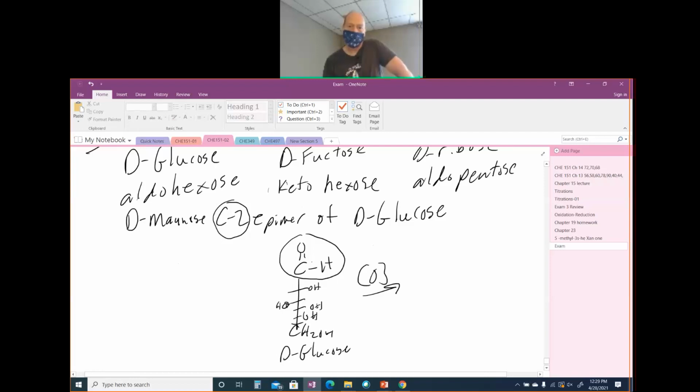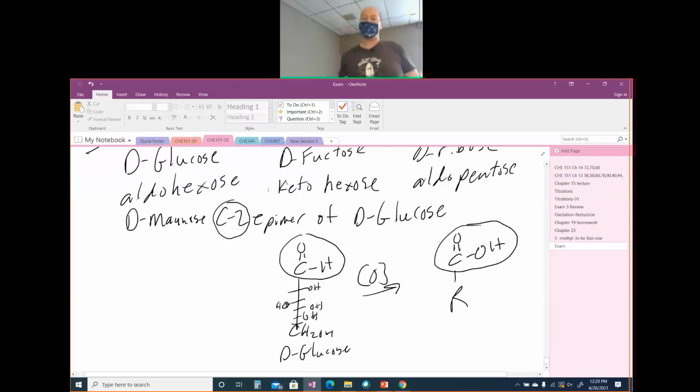If you are going to oxidize your D-glucose, your aldehyde is going to gain an oxygen and become a carboxylic acid. The remaining stays the same, so I'll just put R. That is not changing. All right, so I'm circling what we're looking at. The aldehyde oxidized is now a carboxylic acid.